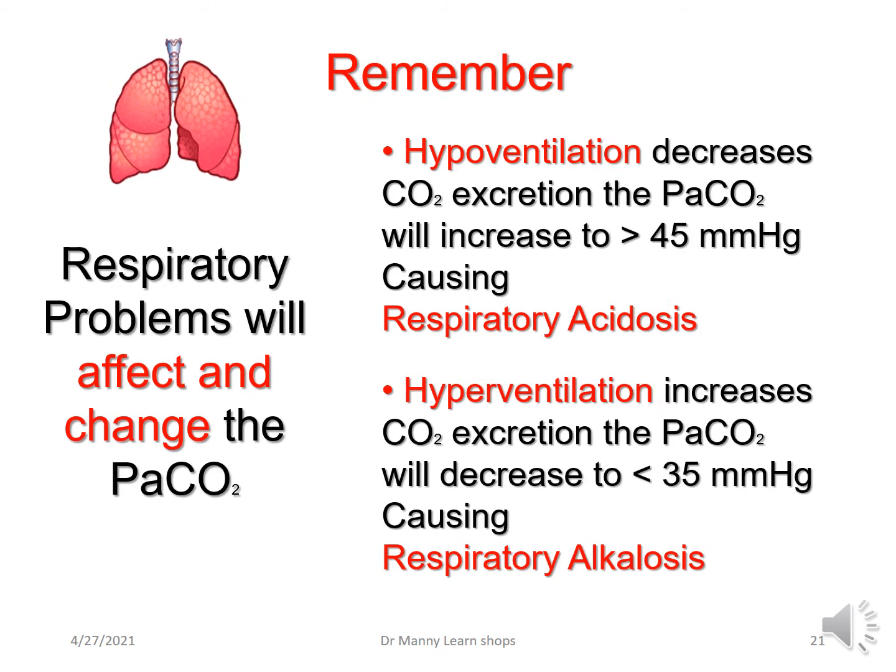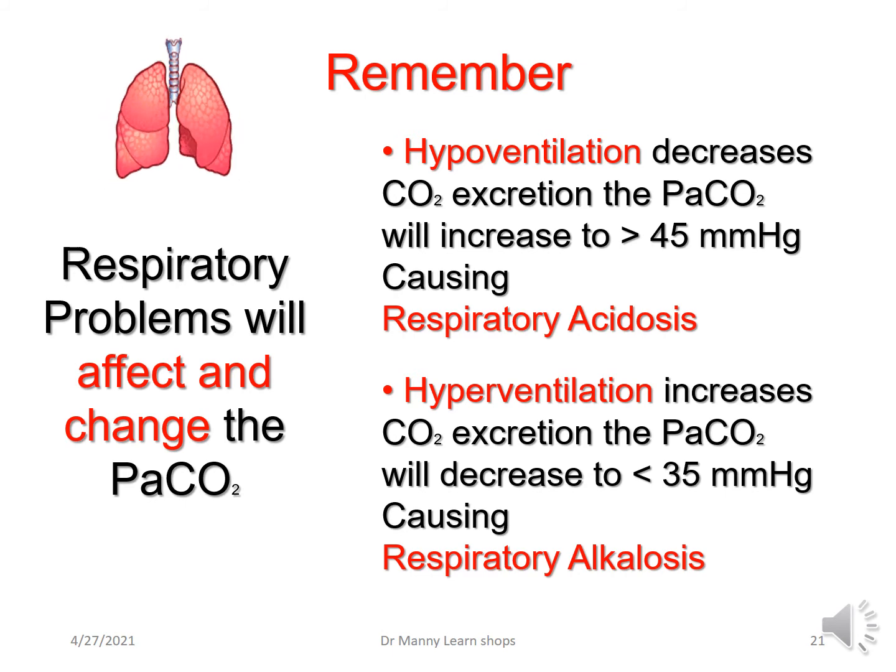Now I want you to remember that respiratory problems will affect and change the PaCO2. If you're hypoventilating, this decreases excretion of CO2, and the PaCO2 will increase to more than 45 millimeters of mercury, causing a respiratory acidosis.